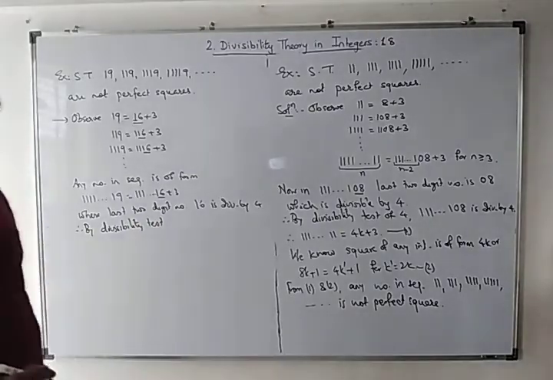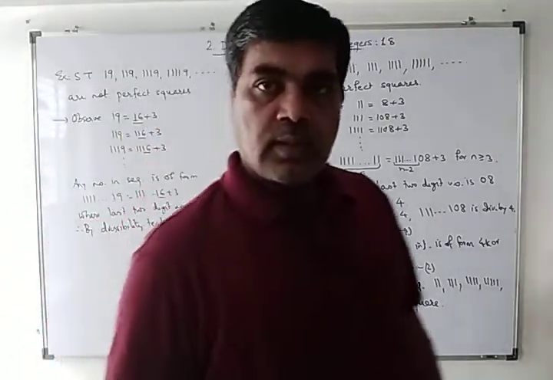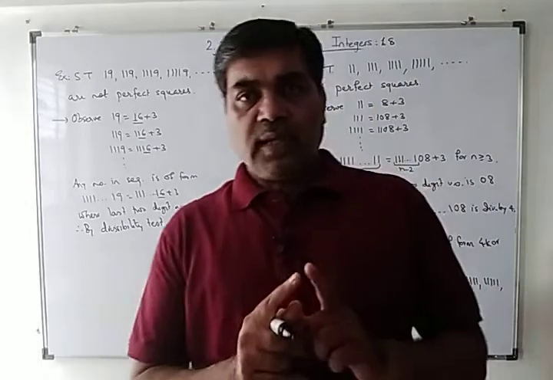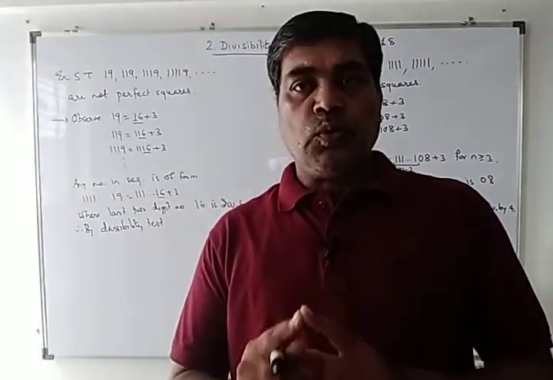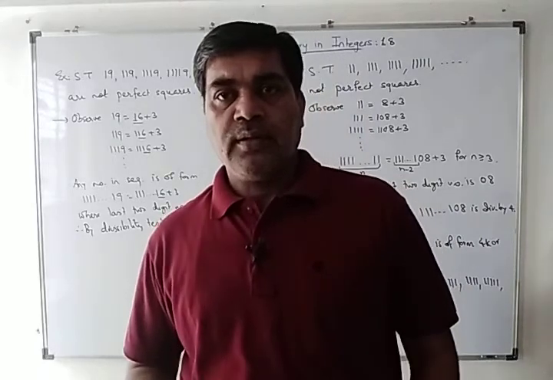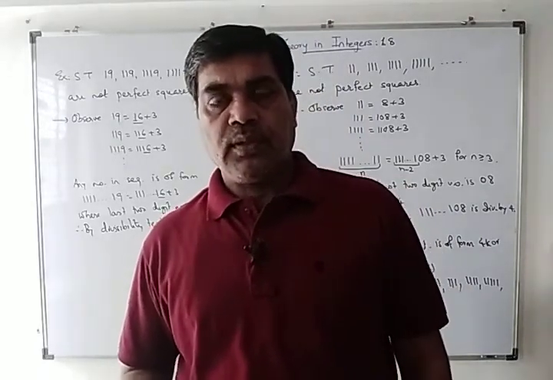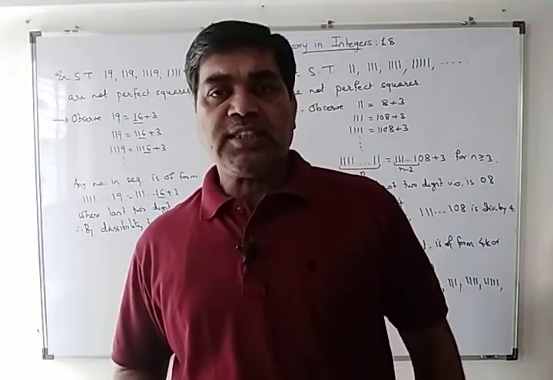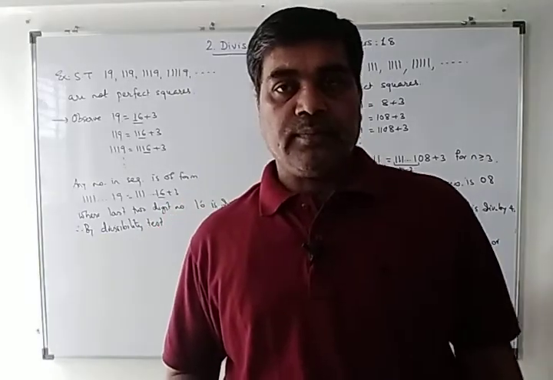You have studied the divisibility test of 2. If the last digit is 0, 2, 4, 6, 8, then that number is divisible by 2. You know the divisibility test for 3 and 9.